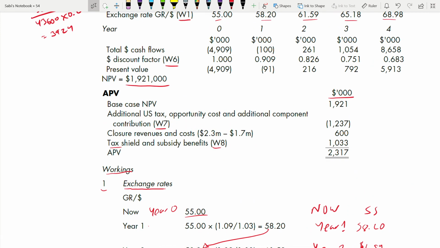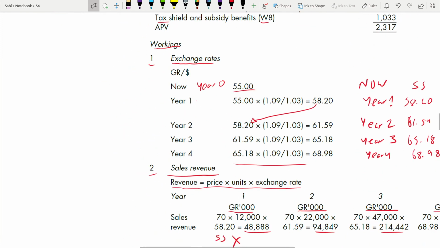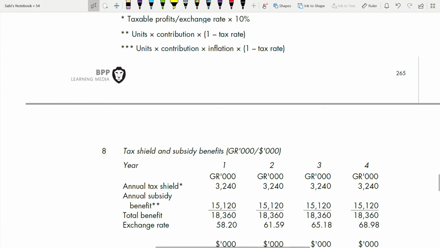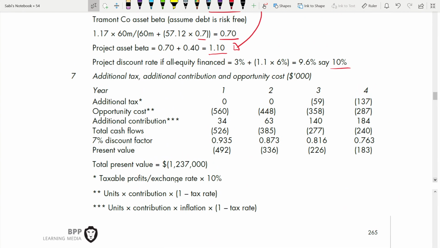Coming to working 7 and working 8, you have to be very careful in working 7 and 8, because these are the areas where you can easily go wrong.